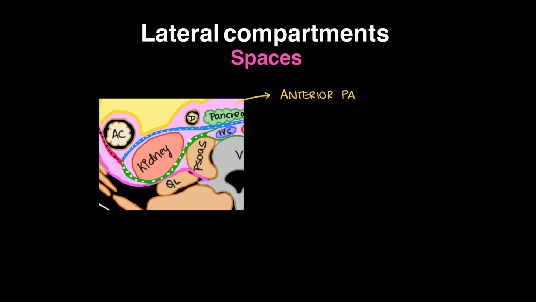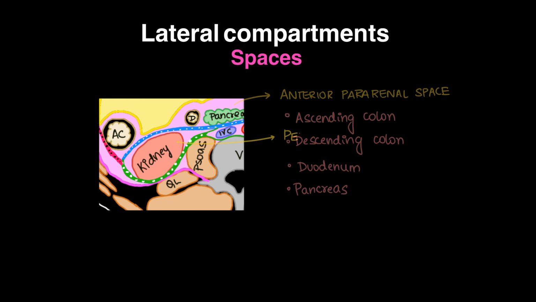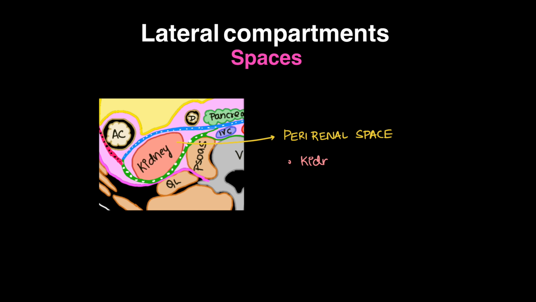Anterior pararenal space contains ascending colon, and on the opposite side it contains descending colon. It has duodenum and pancreas, which is shown in the diagram here. Perirenal space contains kidney, adrenal glands, its vessels, ureter and lymphatics.